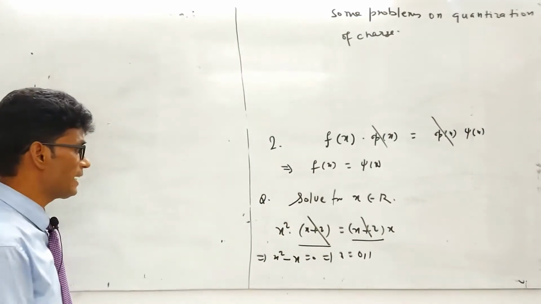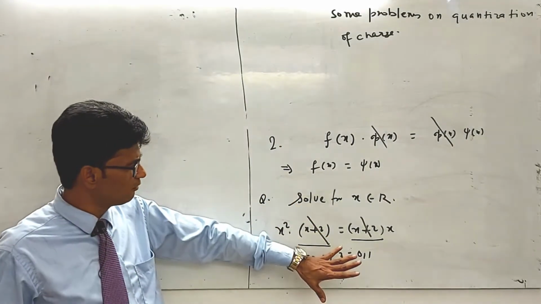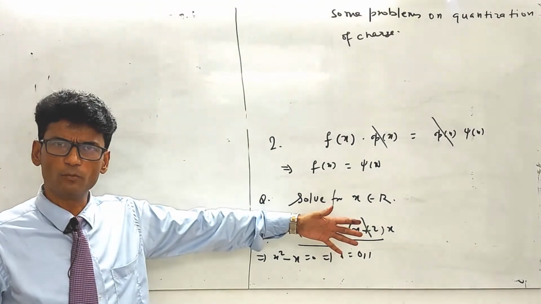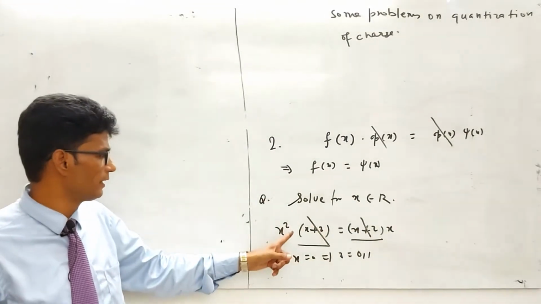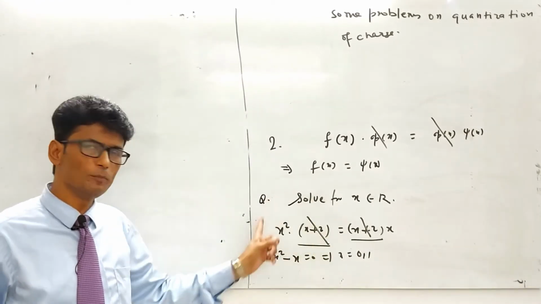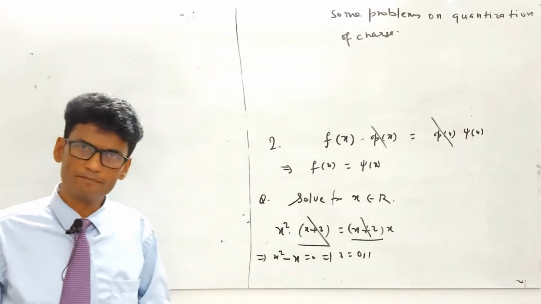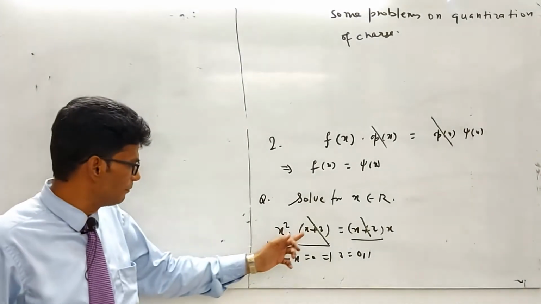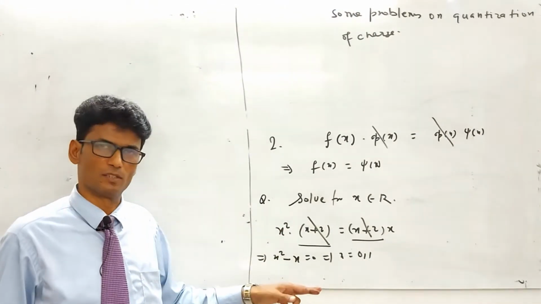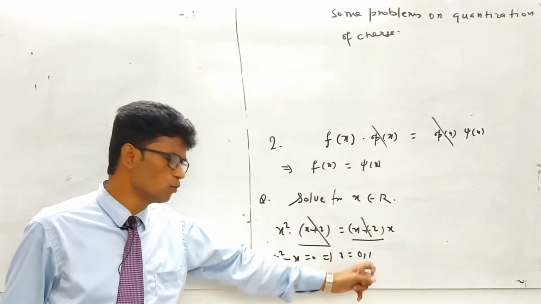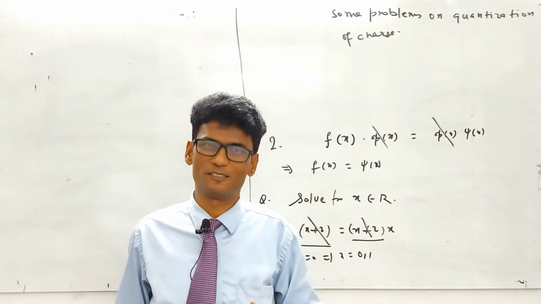So what is the correct solution? Why, if we cancel, what sort of things will be missed here? So here we have the 0, 1, two solutions. This is a polynomial equation, and the rule of polynomials is that as many degrees, as many solutions. If we multiply to get 3 degree, we must get 3 solutions. But we get only 2 solutions here, so we have missed out 1 solution.